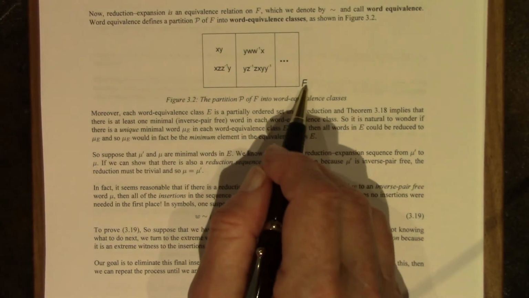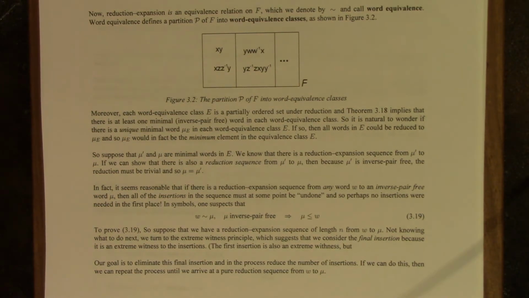But because F is a partial order under pure reduction, each equivalence class is also a partially ordered set under reduction. And what the previous theorem told us was that there's at least one minimal, or equivalently inverse pair free, word in each word equivalence class.